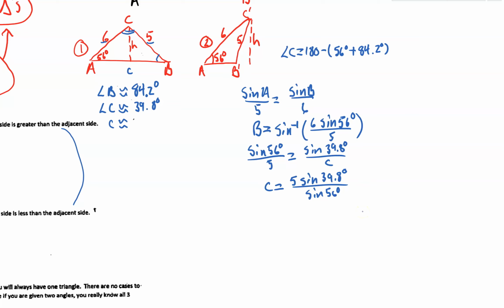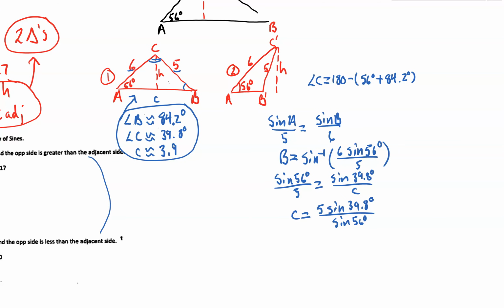When you plug all that in your calculator, you're going to come up with an answer of approximately 3.9. So I have solved the first triangle. I solved it out. But I'm not done yet because I now need to solve the second triangle.